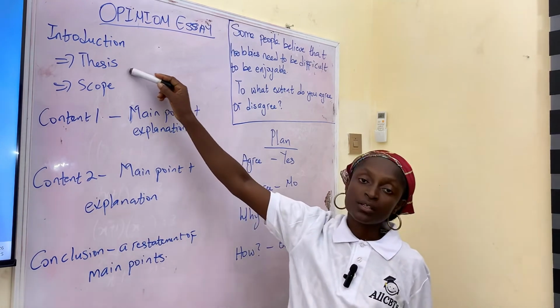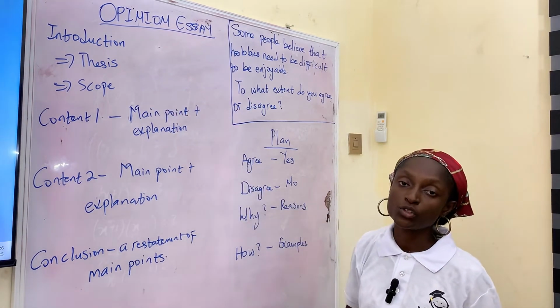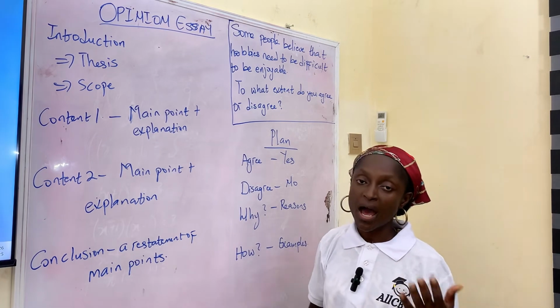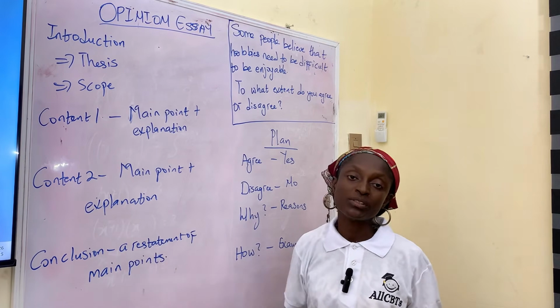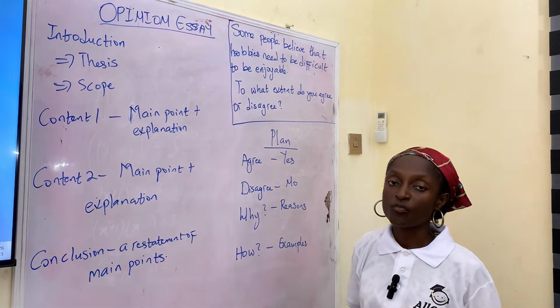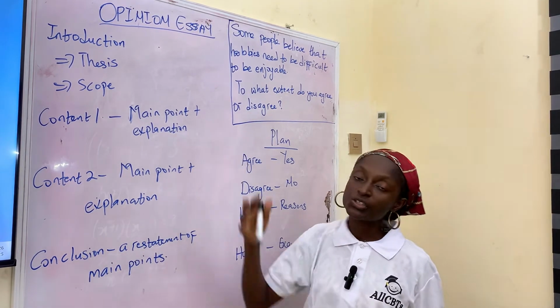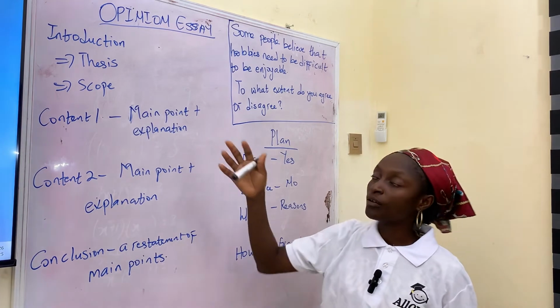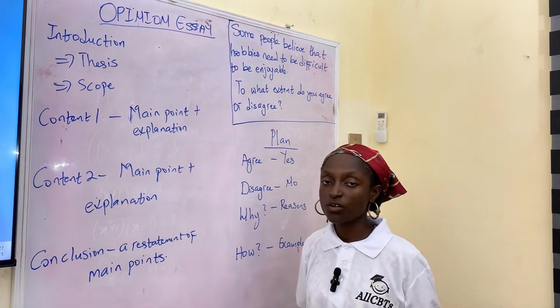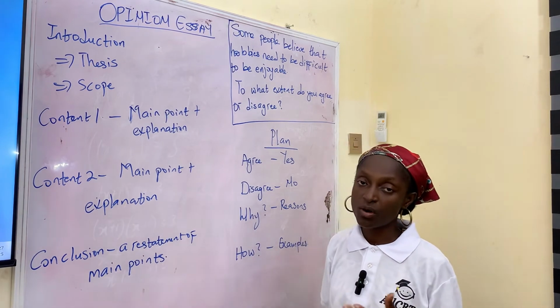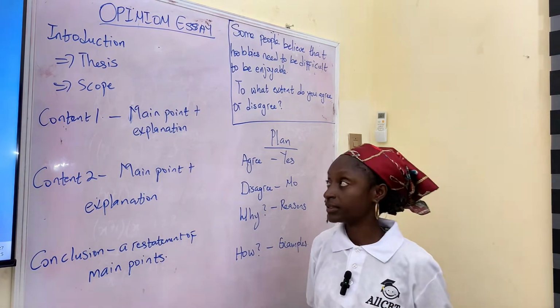Then you have the thesis, which is where you are going to answer the question, I agree or I disagree. Then we have the scope, which is the outline of your essay. So your introduction is expected to have all of these 3 things, and that is why most of the time the introduction is often written in 3 sentences or at most 5 sentences.